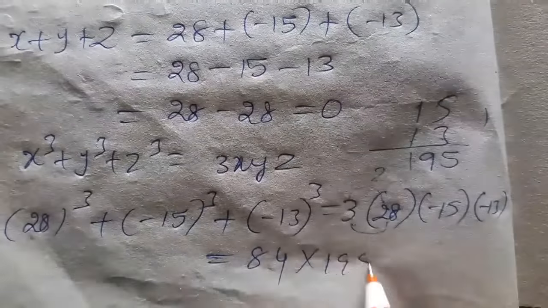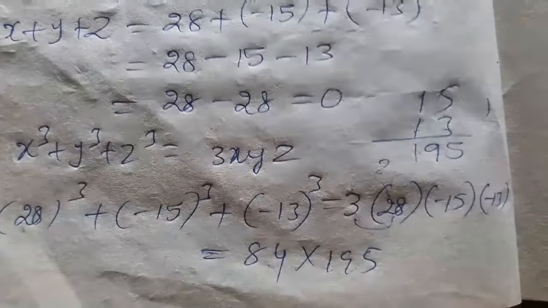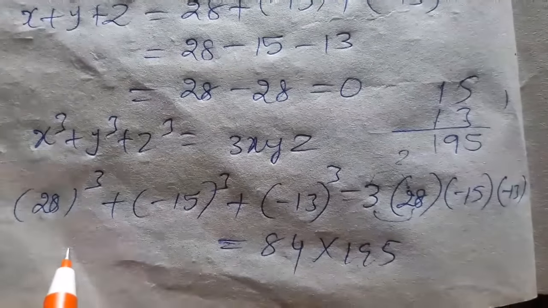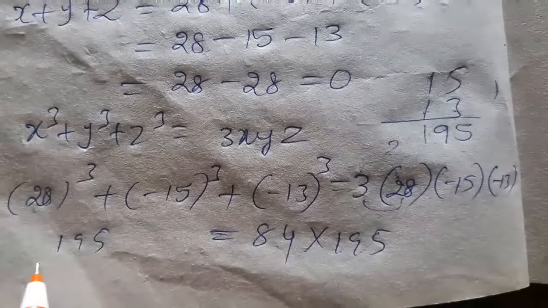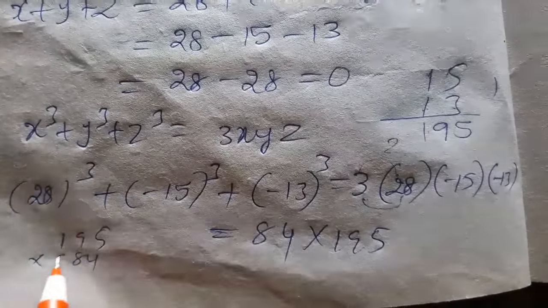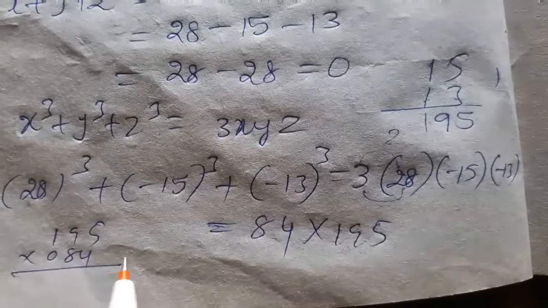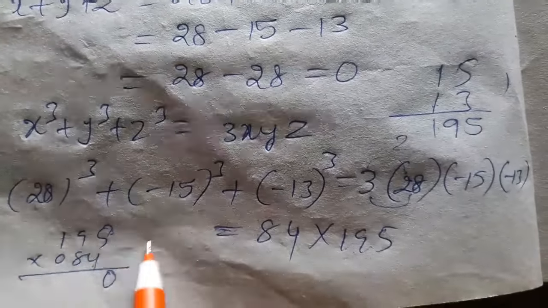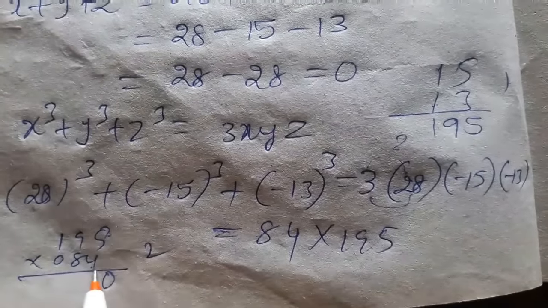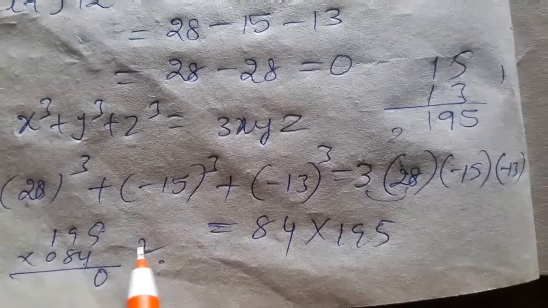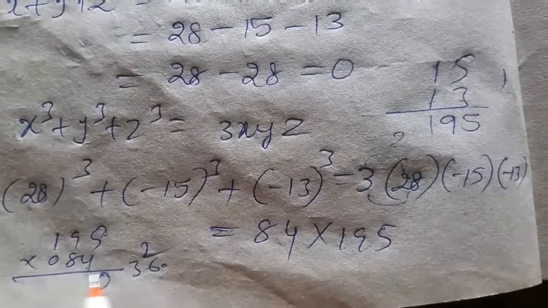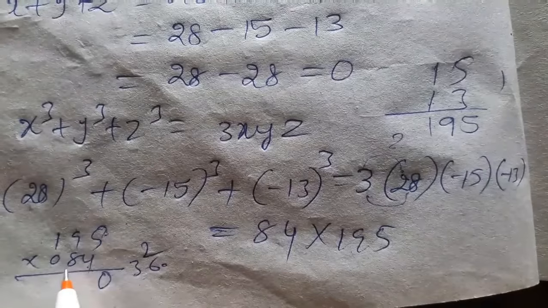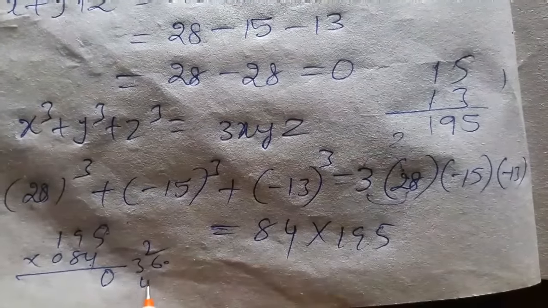So 195. Now multiply these: 195 into 84. Put 0 here. 5 fours are 20, write 0, 2 is carry, 4 nines are 36, 4 ones are 4, 5 eights are 40.